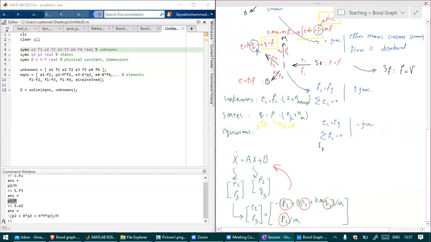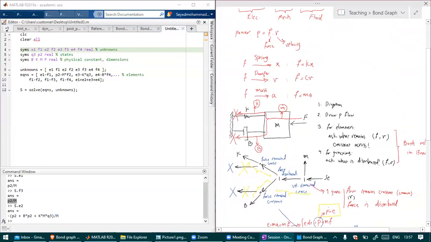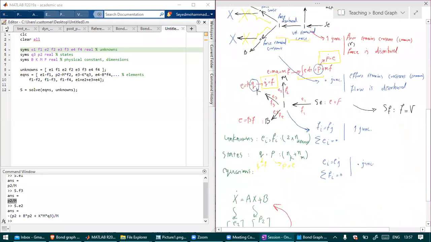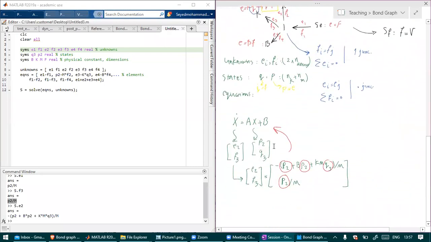But before that, you may notice that this was actually a 1 degree of freedom system, right? It had only 1 degree of freedom. Why, then, did we end up with 2 states? The answer is bond graph doesn't give you generalized coordinates. So it doesn't give you the minimum possible number of states for the system.